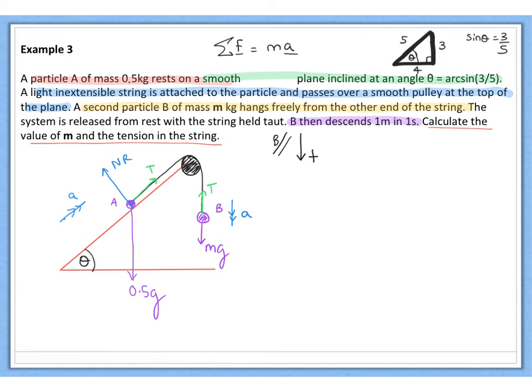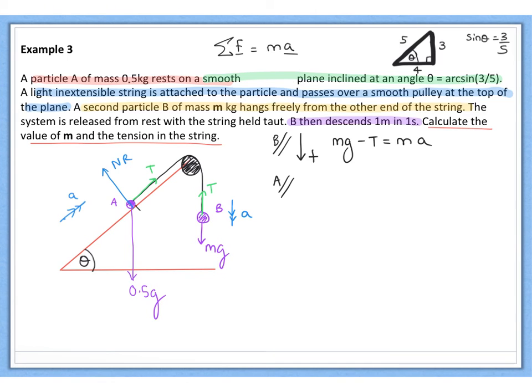We can then say that the resultant force, mg minus T, is equal to ma. Now at this point we have a lot of unknowns: m, T and a. So even when we analyse the motion of A, we're still going to have to do something else to solve this problem. Let's move on to particle A.